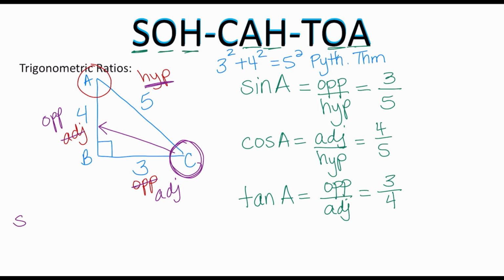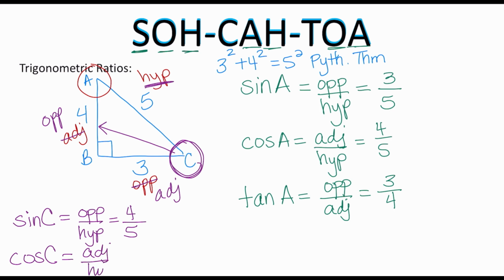So the sine of angle C, sine is still opposite over hypotenuse, but for angle C, opposite is 4 and hypotenuse is 5. The cosine of angle C, cosine is still CAH, which is still adjacent over hypotenuse, but now according to angle C, this is going to be 3 over 5.